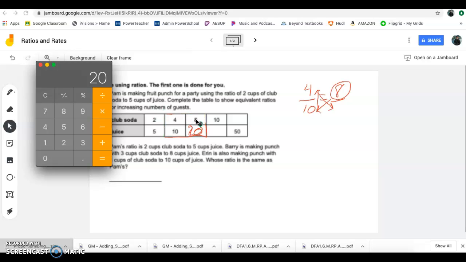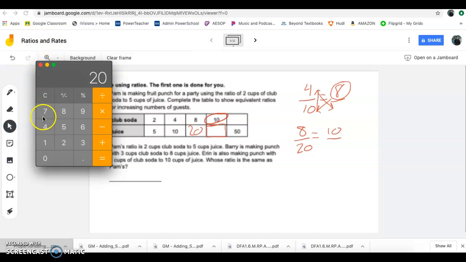So now I have this completed ratio here, and we have an incomplete ratio here. So we're just going to transfer it over again. So I have 8 over 20 is equal to 10 over blank. All right.